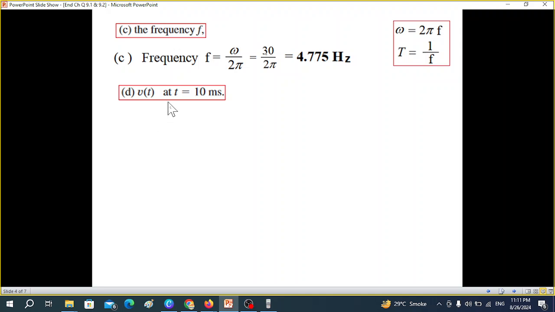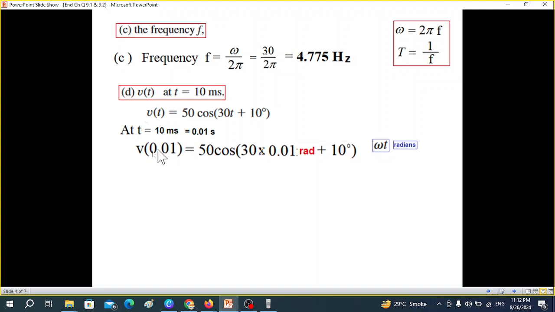And finally, we have to find the value of v(t) at t equal to 10 millisecond. Now this is the equation given already for v(t). So all we have to do is put time equal to 10 milliseconds, which is equal to 0.01 second.